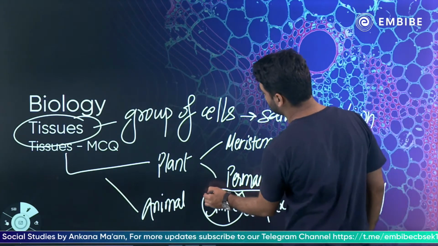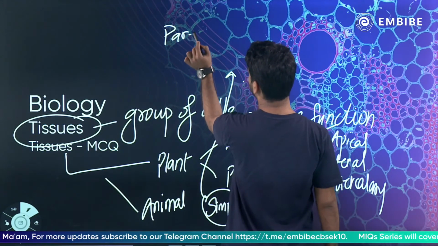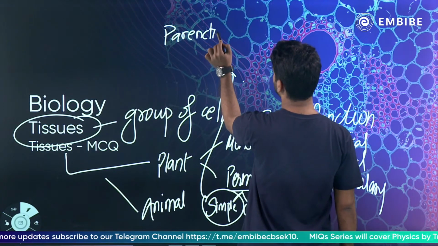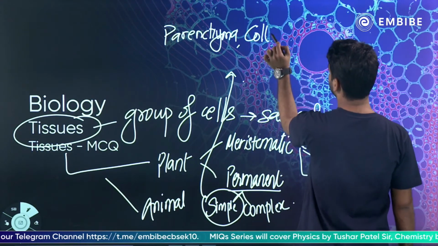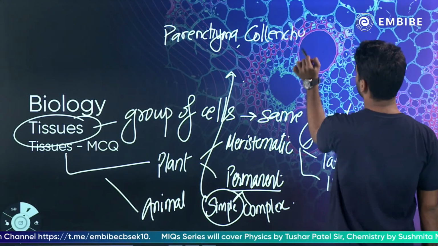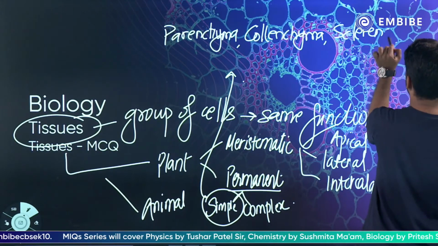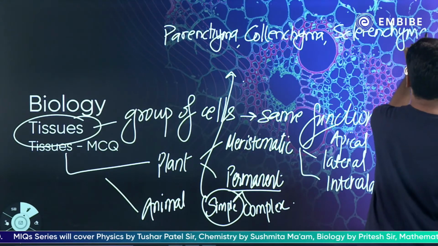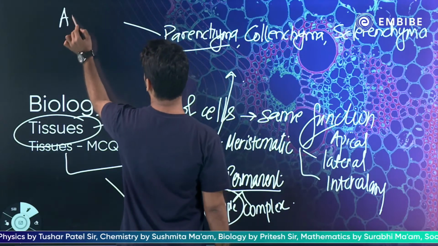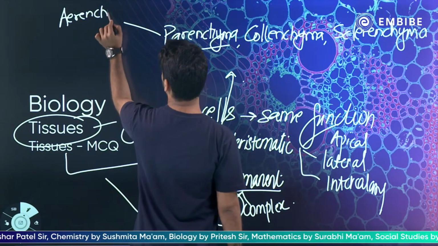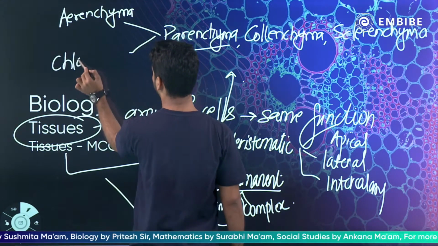Under simple permanent tissues, you have got your parenchyma, collenchyma and sclerenchyma. Under parenchyma, you have got your aerenchyma and chlorenchyma.